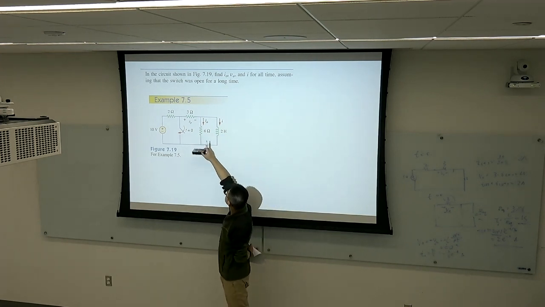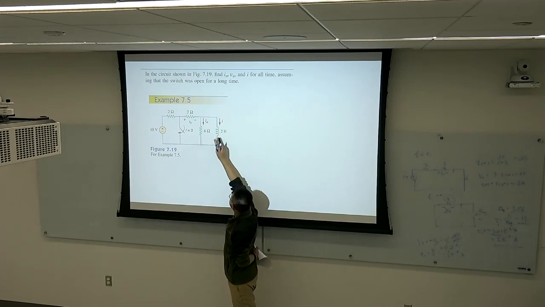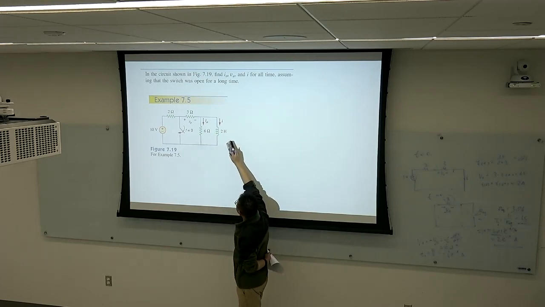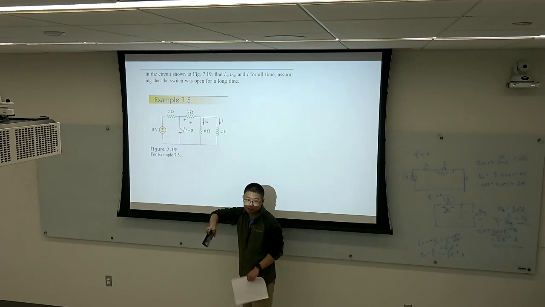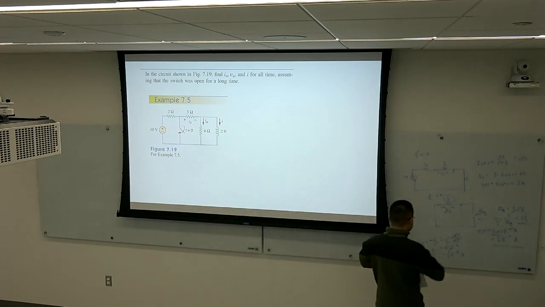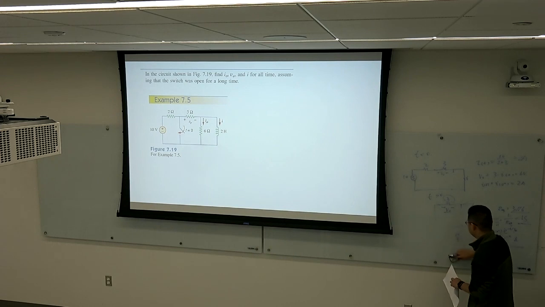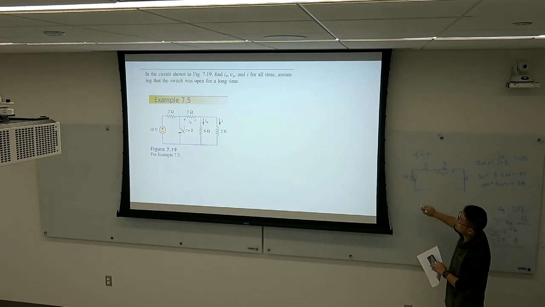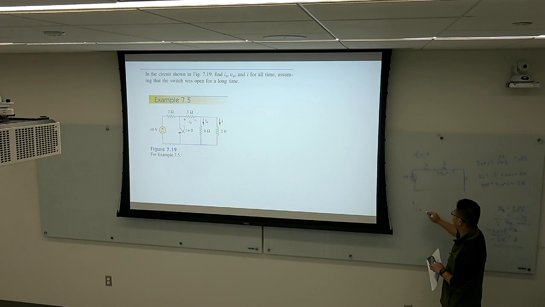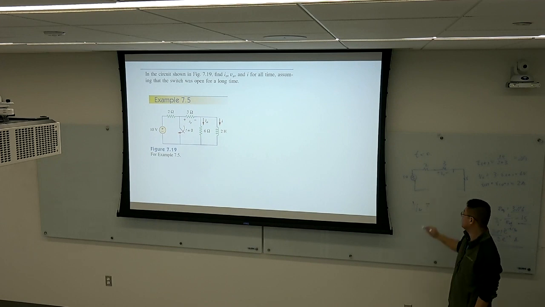This 6 ohm resistor is in parallel with this 2 henry inductor, so the voltage is the same. So using Ohm's law, we can calculate. Here we have vL, the voltage on the inductor, L di/dt.